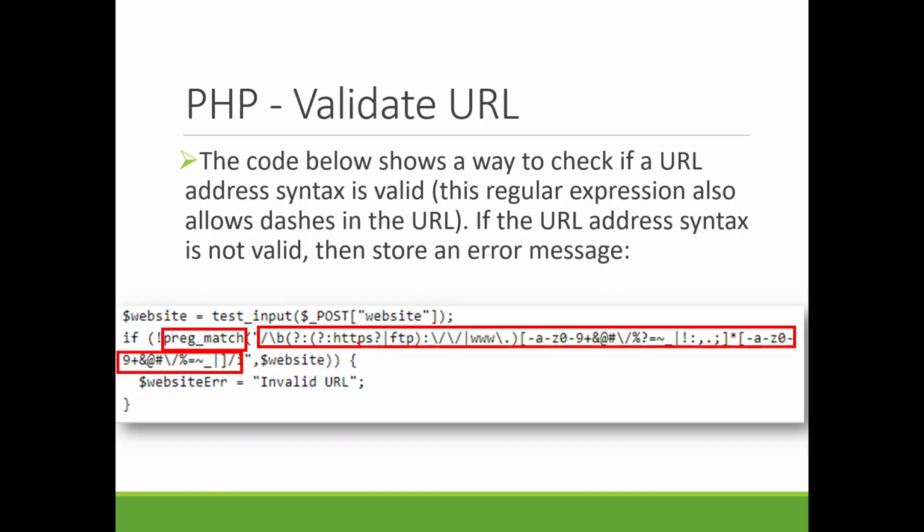But it just means that a valid URL should have maybe HTTPS or FTP, then www followed by a dot, followed by characters A to Z or 0 to 9, and hash etc, and all these other characters. And of course, you give it what the user has entered. Again, we are negating using the not, so that if it's not correct, we save the error message invalid URL.